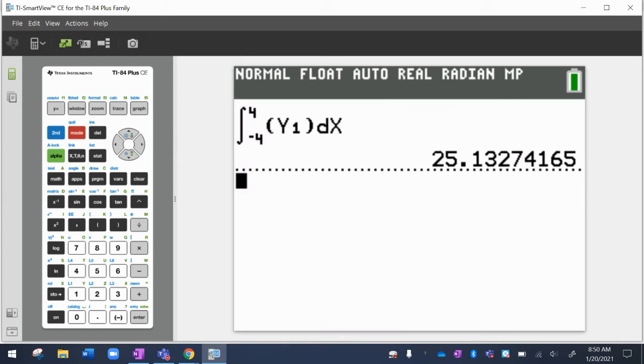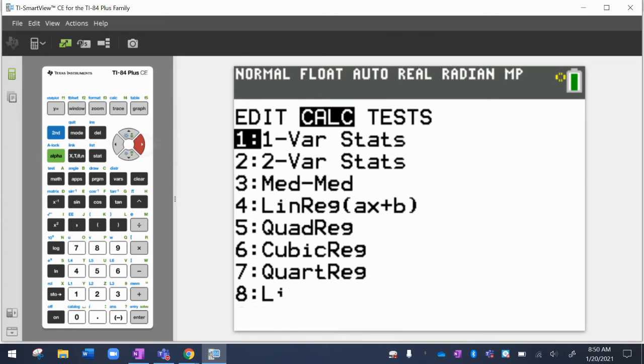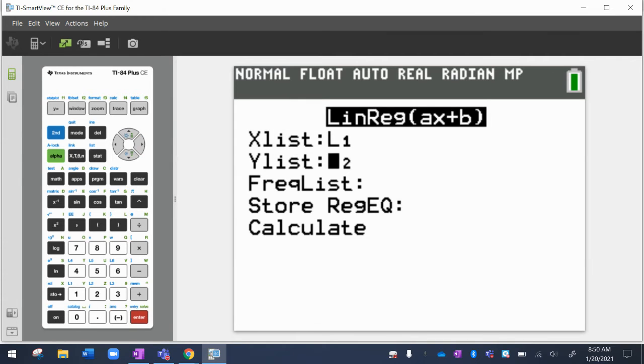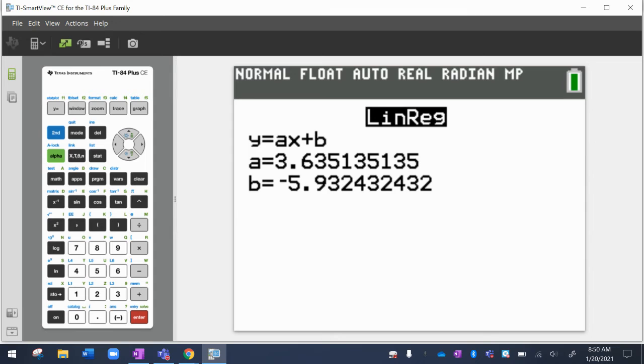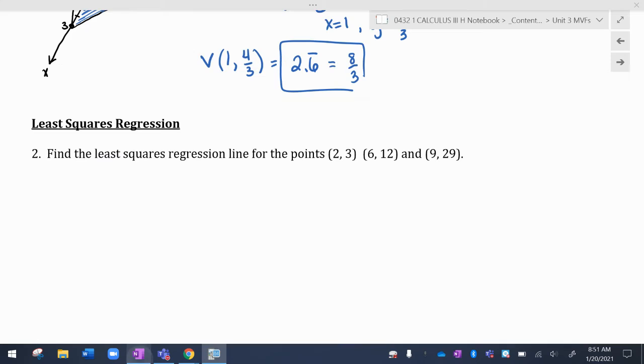So I'm going to quit out of here and go to Stat, Calc, Linear Regression, which is number 4. L1, L2, there's no frequency. And if I want to store my equation in Y1, which I do, I can hit calculate, and I get the line 3.635 and negative 5.932.